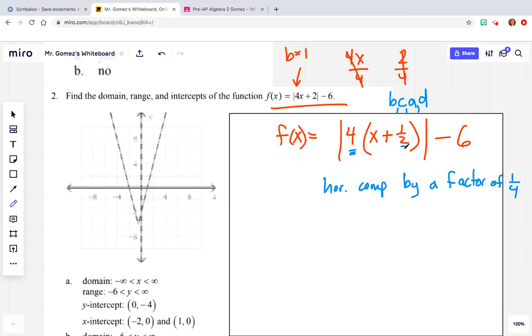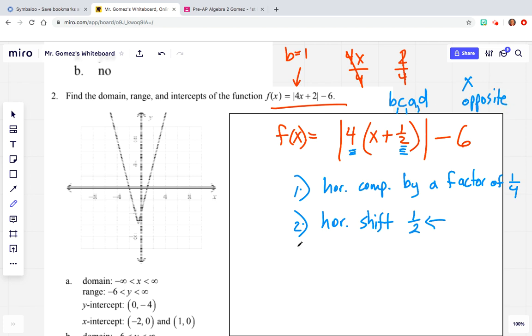Then we see this shift right here, which would be a horizontal shift 1/2 unit to the left, because it's opposite. Everything with the x is opposite. Everything with the y, we follow the rule.